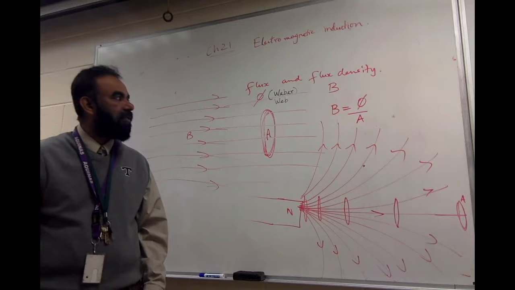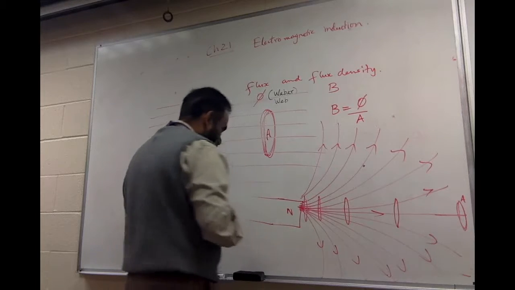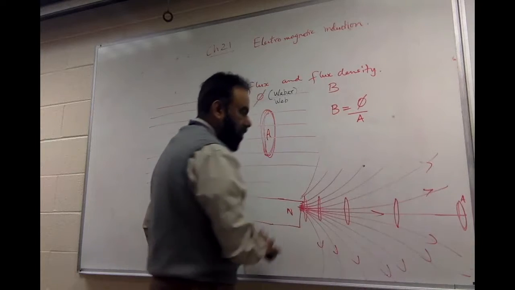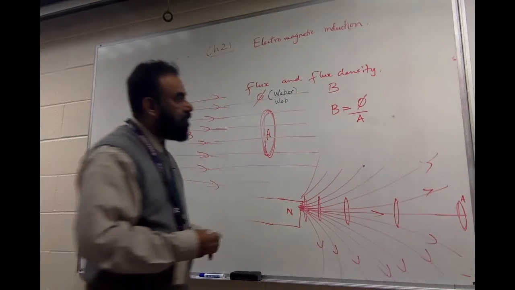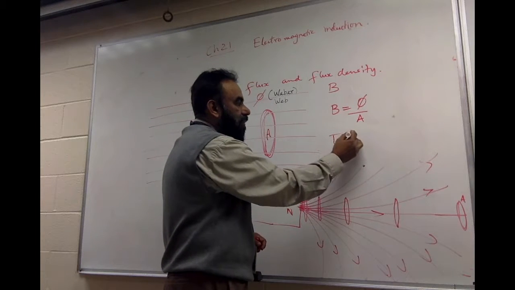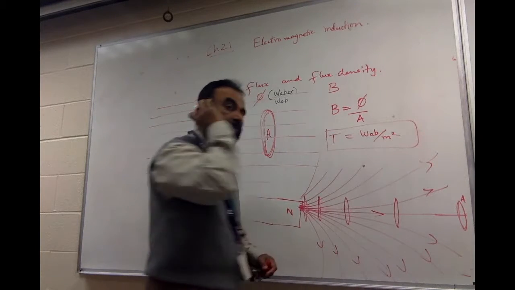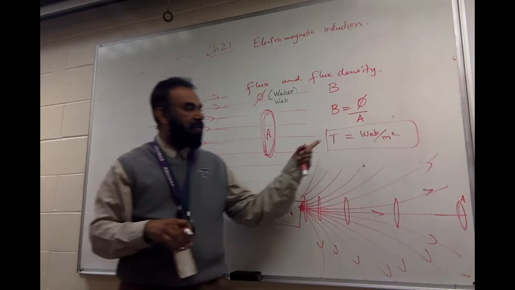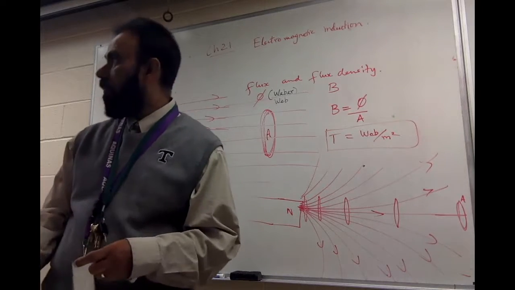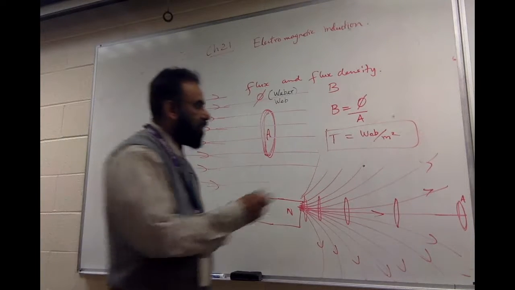And if you look at the units here, what is B's unit? Tesla is equal to Weber per meter square. So the connection between Weber and Tesla is right there. Weber per meter square, that is Tesla.